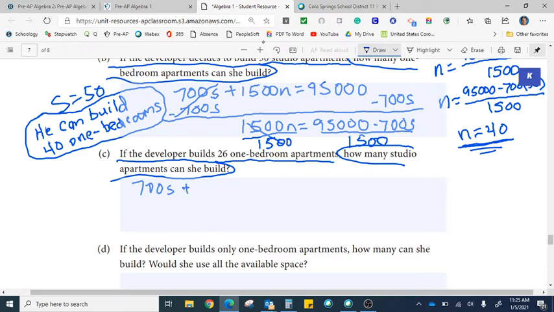And this time we know the amount of one bedrooms, it's going to be 26, so N equals 26. We're going to get this N term over to the other side and solve for S right now. So this is one way of doing it. There are a couple other ways, but I just want to show you this. It's kind of efficient, I would suppose.